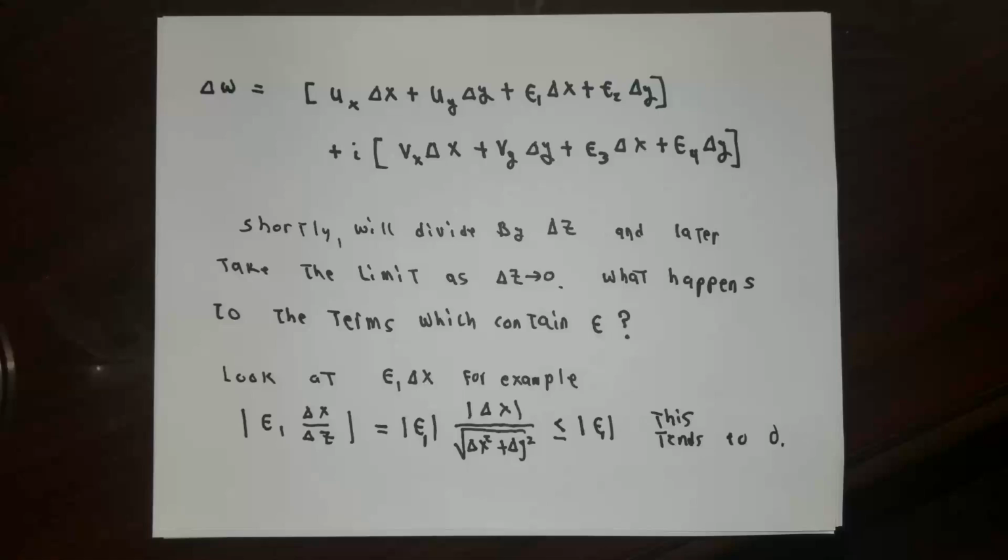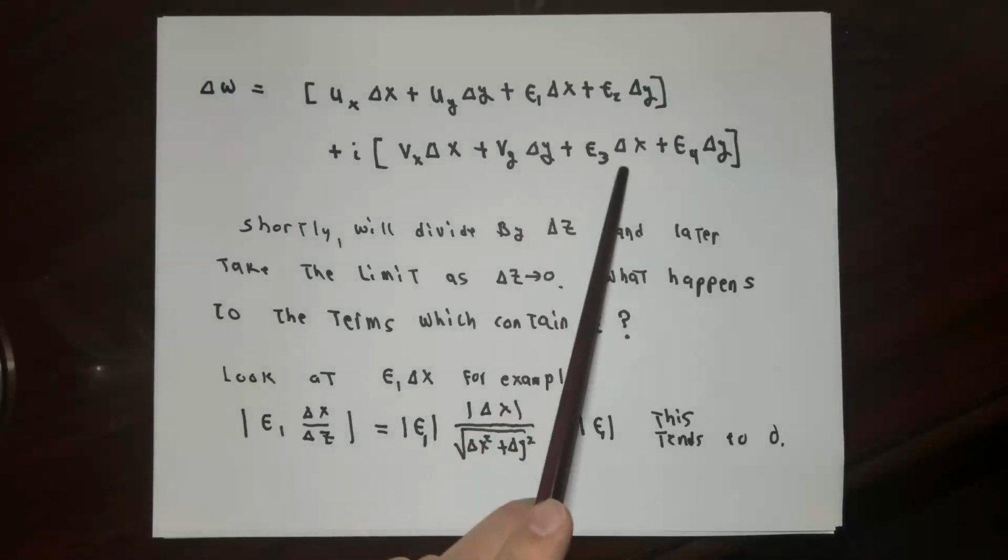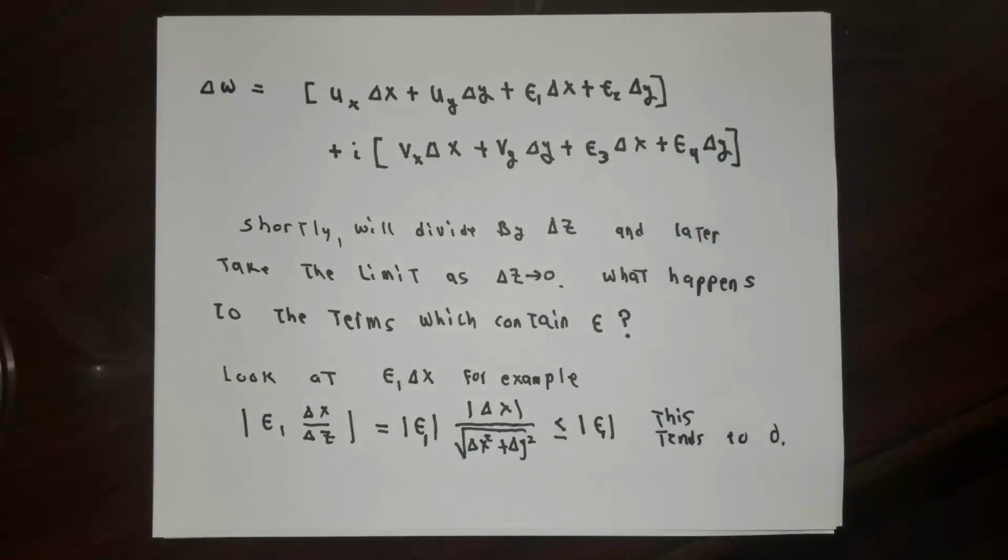So what this tells me is these terms that I was worrying about are, in point of fact, not anything to worry about at all, even after I divide through by delta z and take the limit. Those terms all have limits that are equal to 0, so they're not a concern.